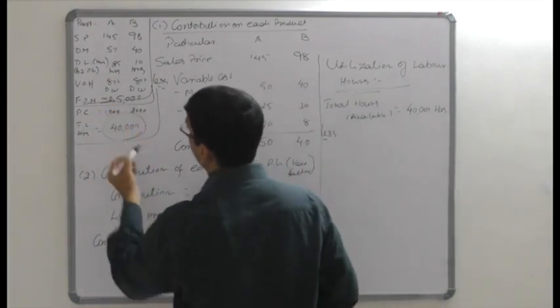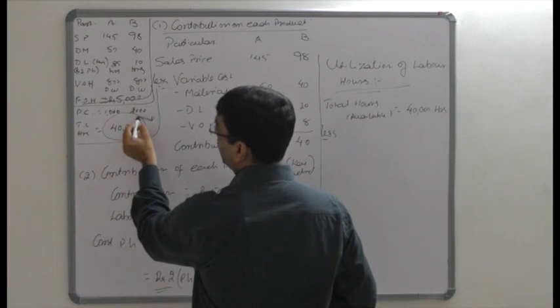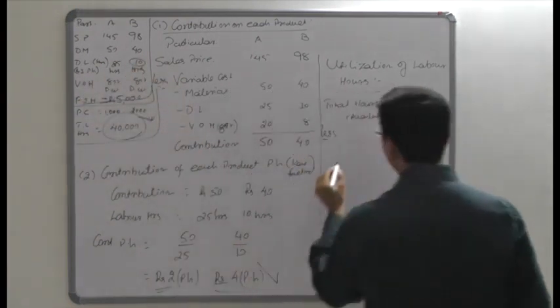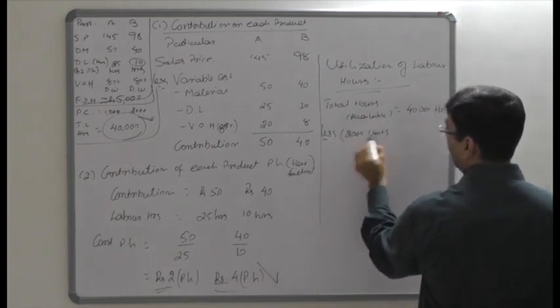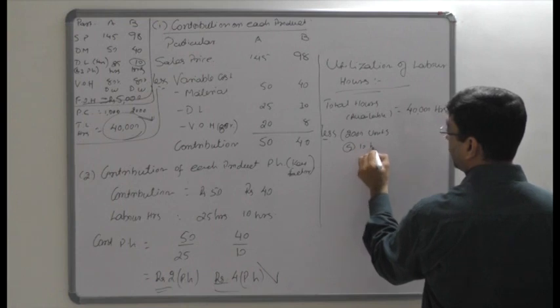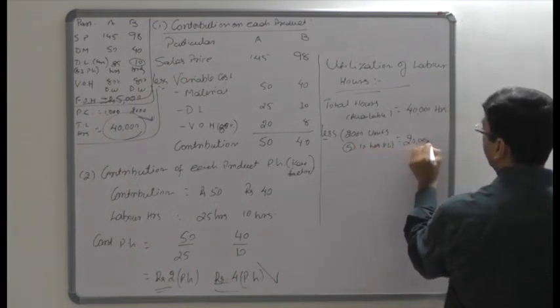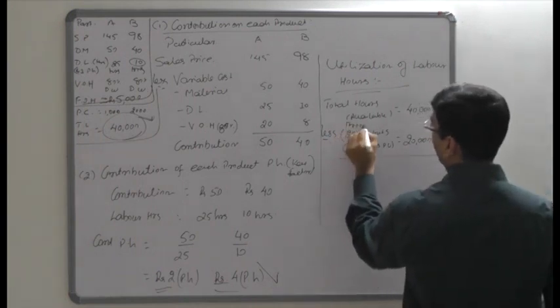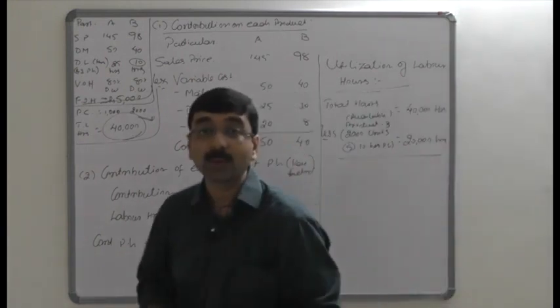How many units are supposed to be manufactured of product B? 2,000. 2,000 units are manufactured, and per unit how many hours are required? 10. So 2,000 units at the rate of 10 hours per unit need 20,000 hours for production of product B. So for product B, the company needs 20,000 hours.